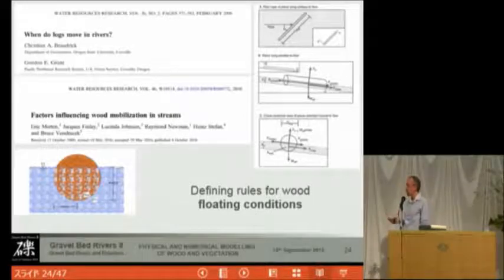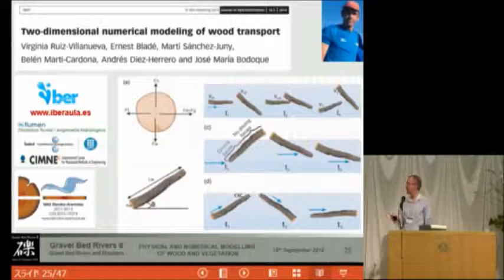Putting all this previous literature together, Virginia and co-authors started from another 2D shallow water model, Iber, developed at the University of Catalonia in Barcelona. They added a module where wood is followed in a Lagrangian way, so each log is considered separately, and the model considers the fully dynamic model, so the full flow field on the cylinder, and logs can rotate, they can float, they can roll if the flow depth is not enough for floating.